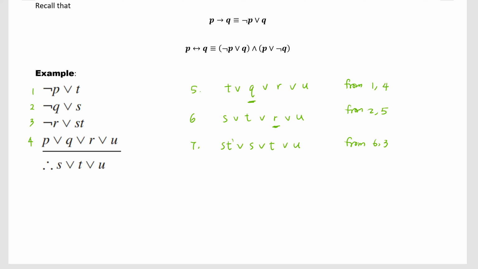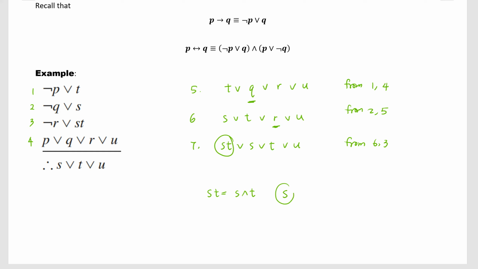Okay, what is ST? Well, you know that ST is actually S and T. Well, this is a subset of S. Do you agree? Yes. So, okay, not really a subset, but if S and T happens, then S happens.